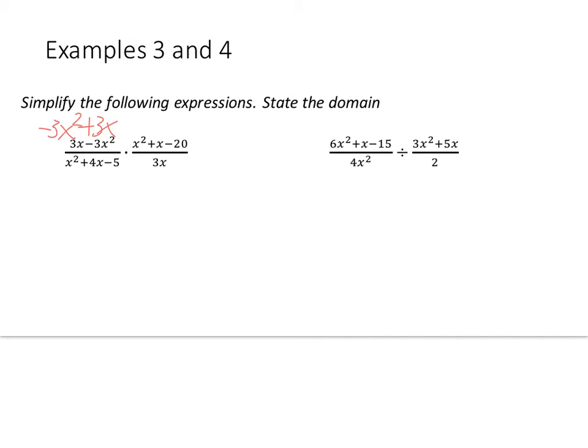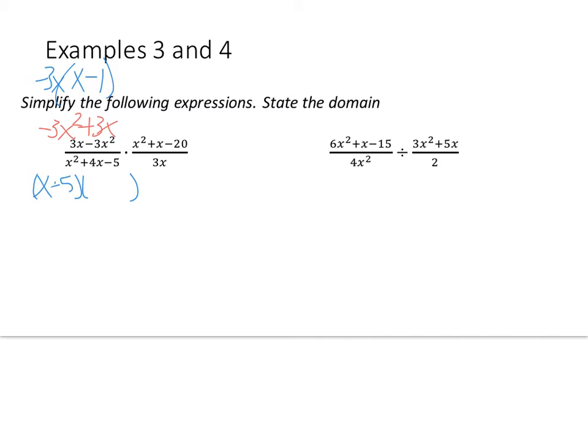From here, I'm just going to look for GCF because there's only two terms. Negative 3x squared and 3x, they have a negative 3x in common. So I am left with x minus 1. On the bottom, x squared plus 4x minus 5, I need two numbers that will multiply to negative 5 but add to 4.